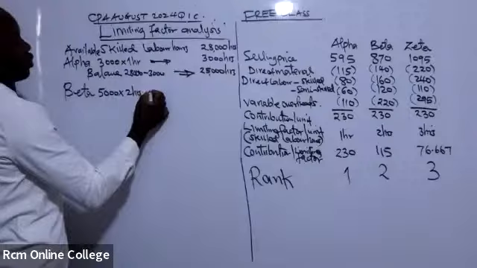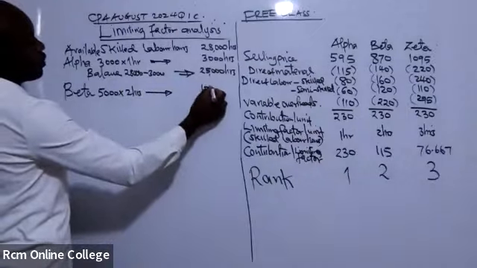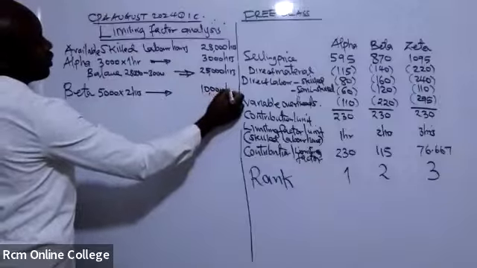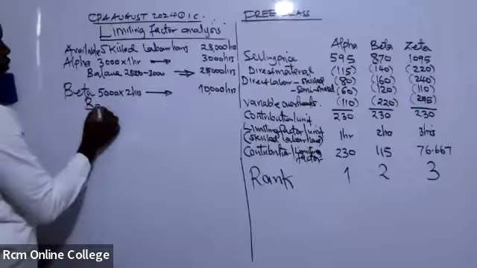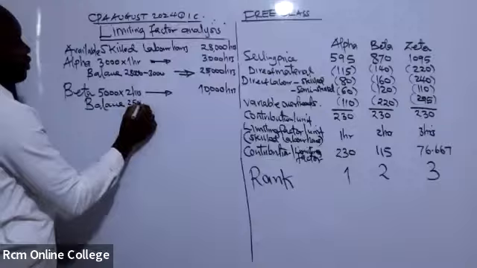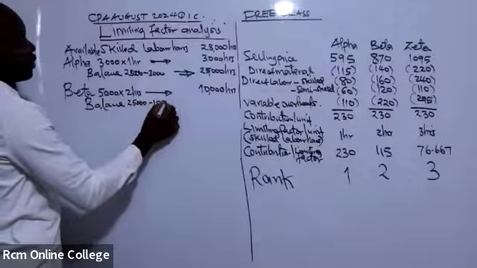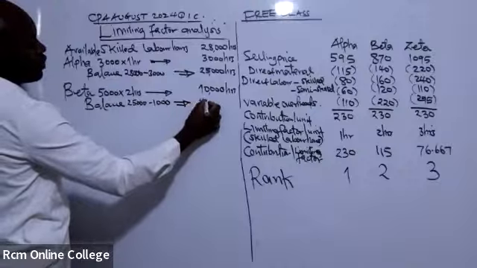So when you multiply by 2 hours, it gives you a total of 10,000 hours. Can we get the balance? So the balance will be 25,000 minus 10,000. That gives us 15,000 hours.